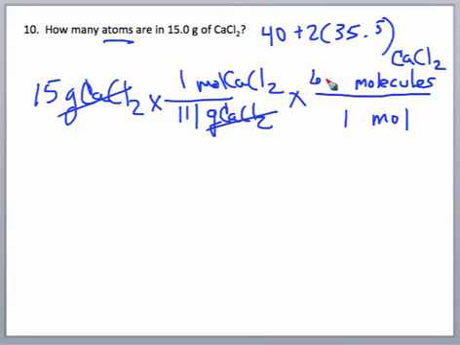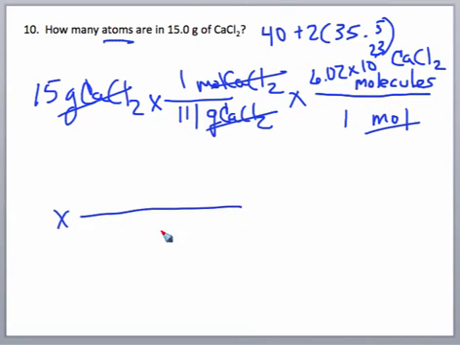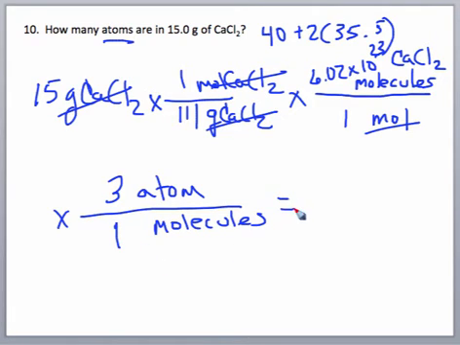Look at your mole map and you have 6.02 times 10 to the 23rd. So now we'll have molecules there. So let's put molecules in the denominator. Now there's 3 atoms per molecule. There's 1 calcium and 2 chlorine, so we're going to say there's 3 atoms in 1 molecule of calcium chloride.